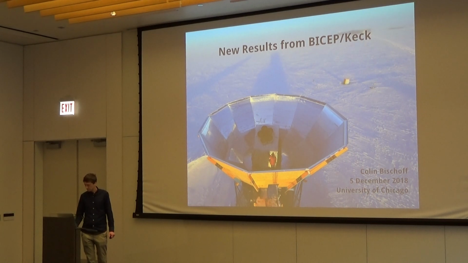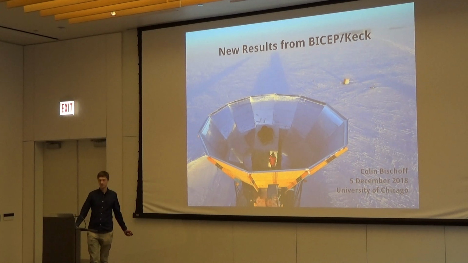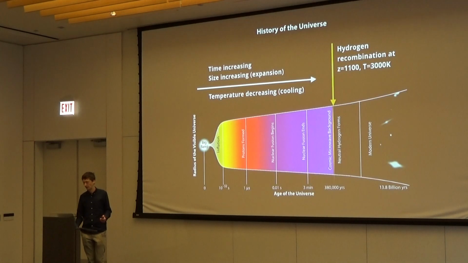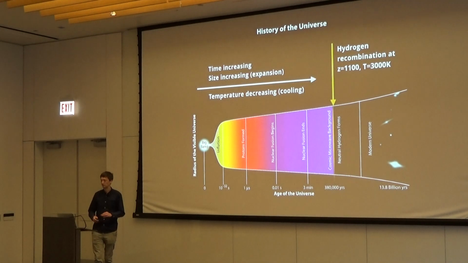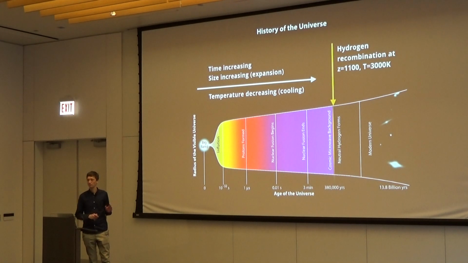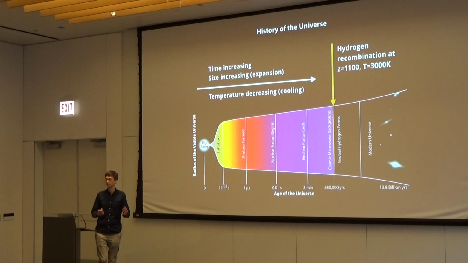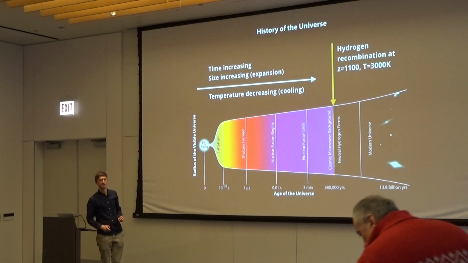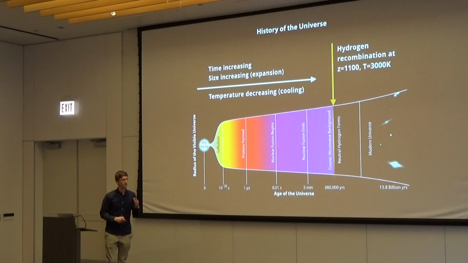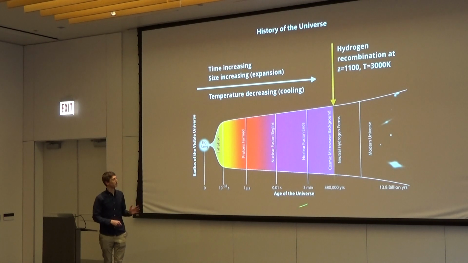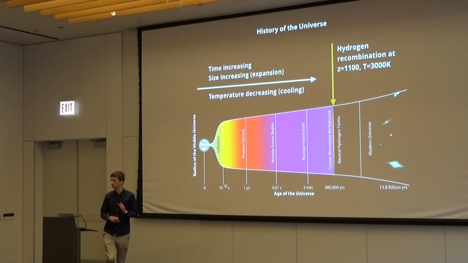Given the audience here in Chicago, I'm not going to spend a whole lot of time on the science background because I think there are a lot of real experts in the audience. But I'm sort of obligated to show one of these timeline of the universe images, right?